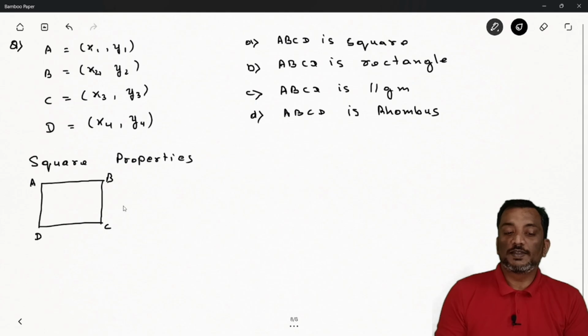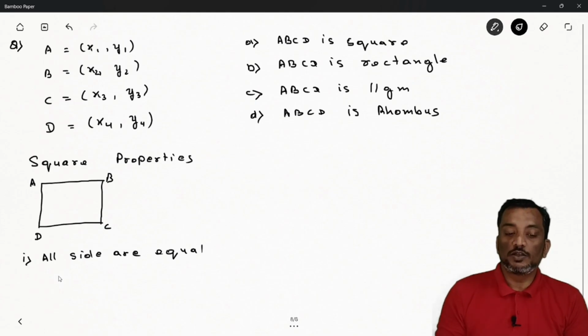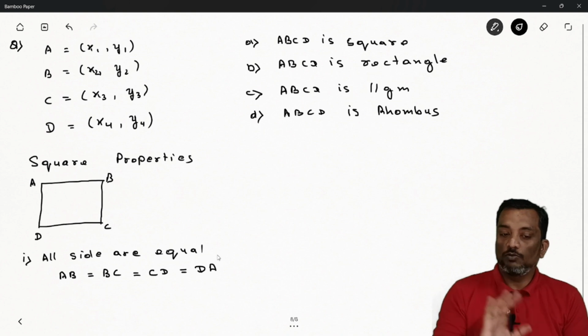The first property of a square: all sides are equal. So by the distance formula, you can find that AB is equal to BC is equal to CD is equal to DA.